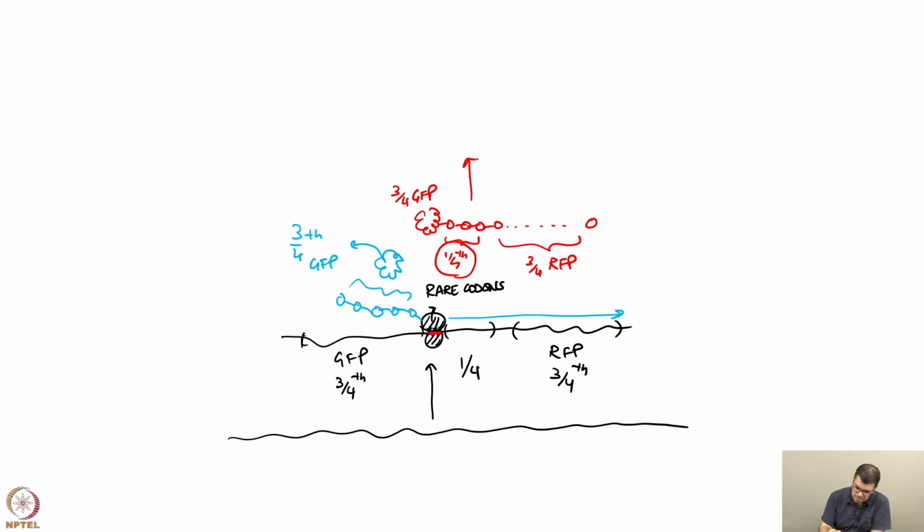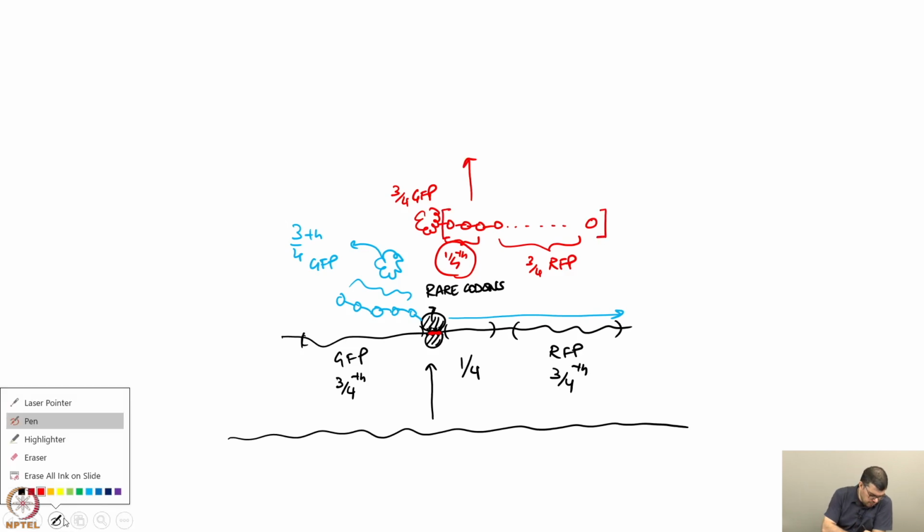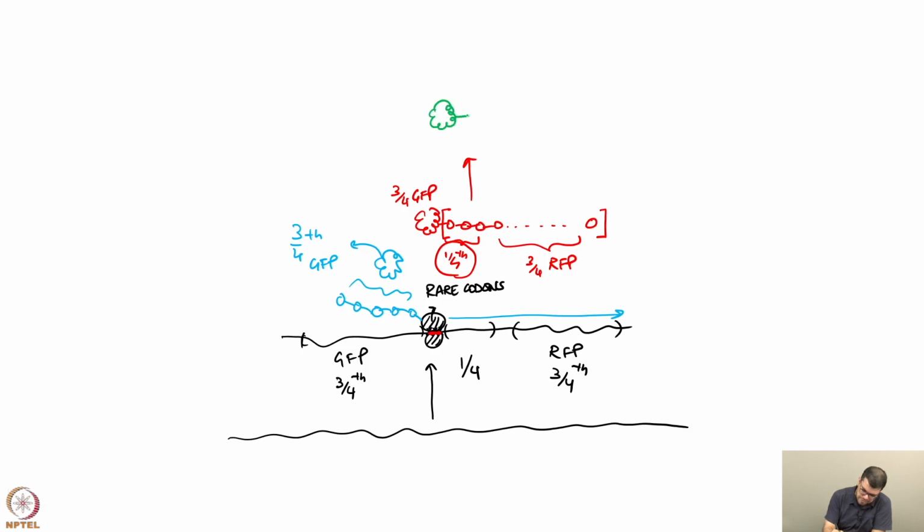So, what happens now is that the rest of the amino acid chain folds and we get the following structure: a 3/4 GFP and a fully folded RFP.